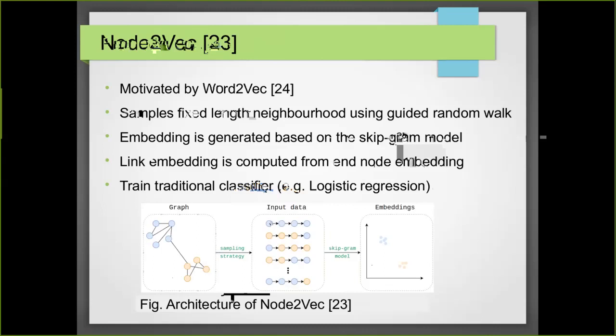The link embedding is generated by multiplying the embeddings of the two nodes, and then we use a traditional classifier like a logistic regression-based classifier with the embedding to classify between existing and non-existent links.